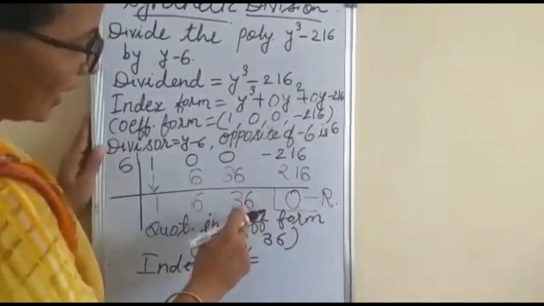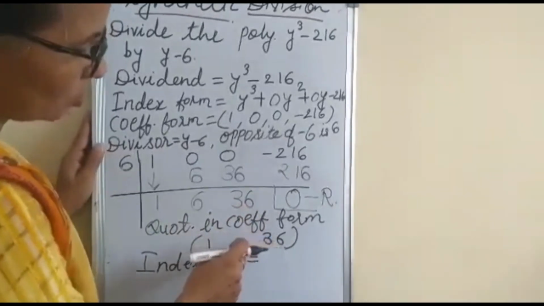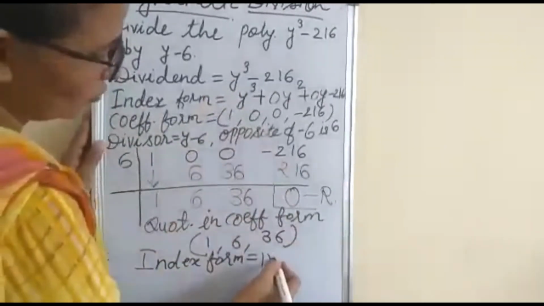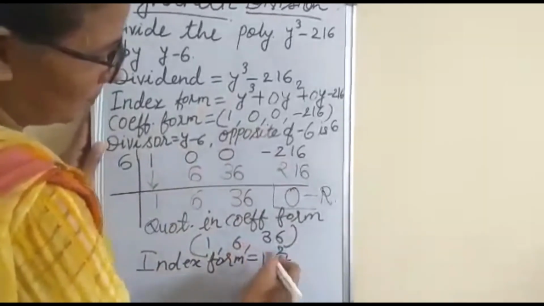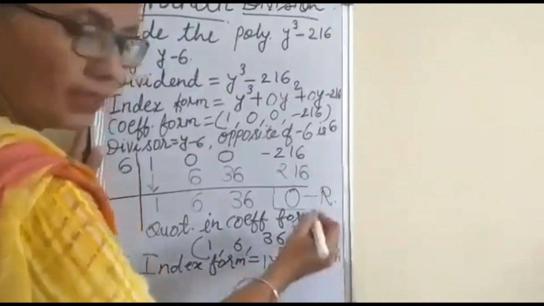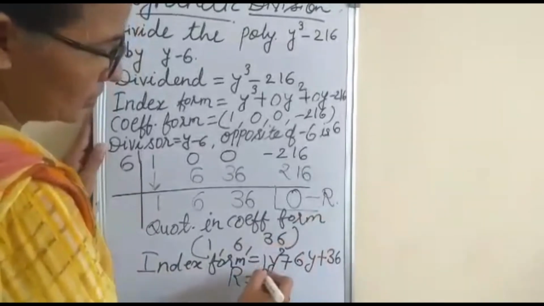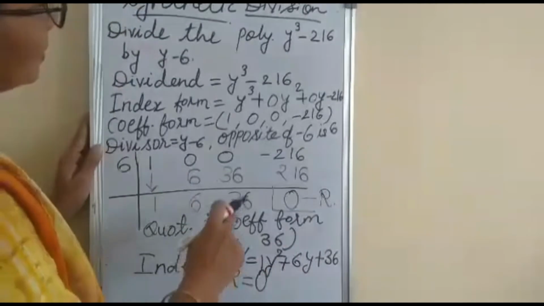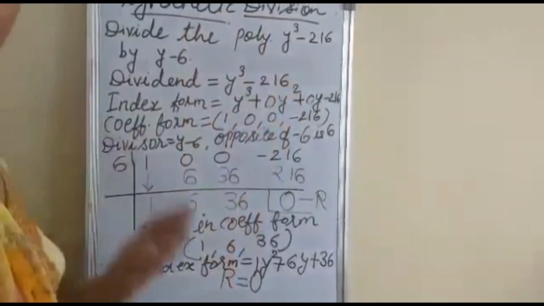As 3 coefficients are there, the highest power will be what? 0, 1, 2. Means as the question is in the variable y, you will take y, and the highest power is 2. So y square plus 6y plus 36. And you know your remainder here is 0. Okay. So this is which method? Synthetic division method. I hope you understood.